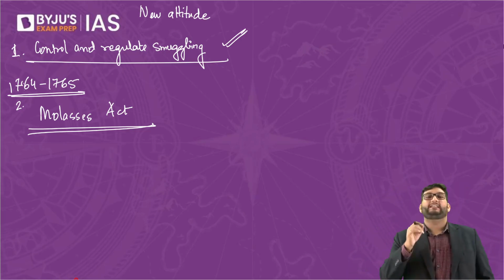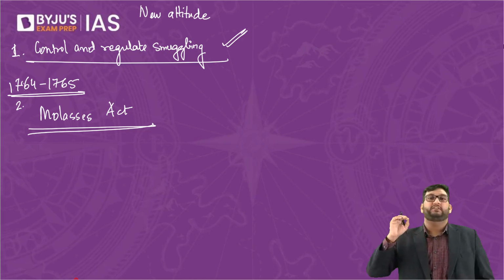So under the Molasses Act, which was introduced in the 1600s itself, there was equality.